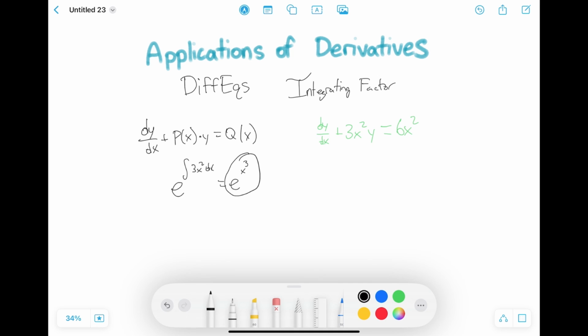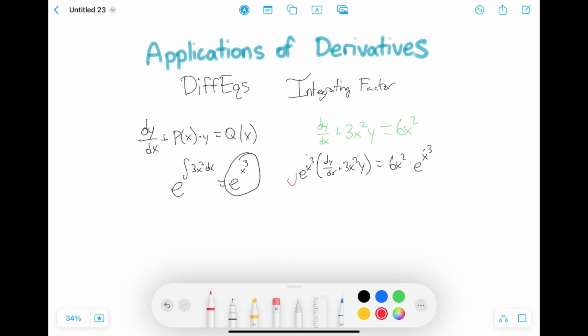Once we have this, we're going to multiply each of these sides by e to the x cubed. So we'll say e to the x cubed times dy over dx plus 3x squared y is equal to 6x squared times e to the x cubed, right? And now here's where the whole magic part comes in.